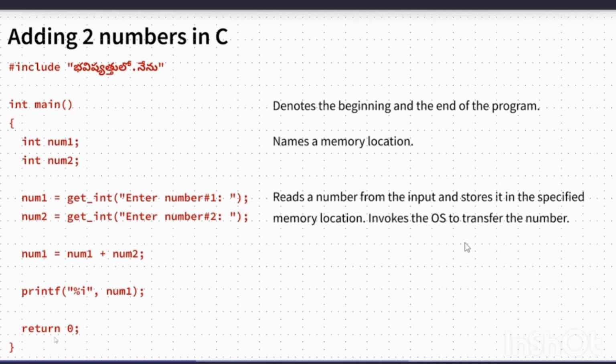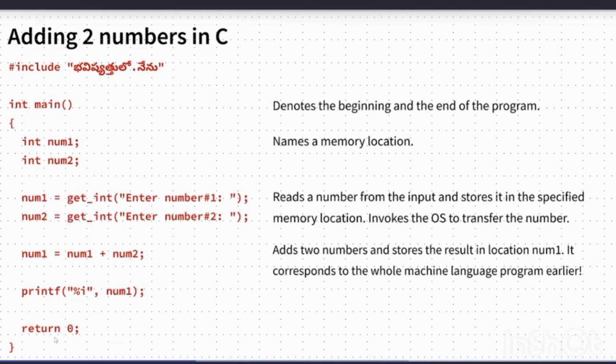This involves the operation of the OS. In C, we generally use the scanf function and hash include. In this, we use stdio.h, a library that includes the functions printf, scanf, and others. And this adds two numbers and stores the result in location num1. It corresponds to the whole machine language program from earlier.